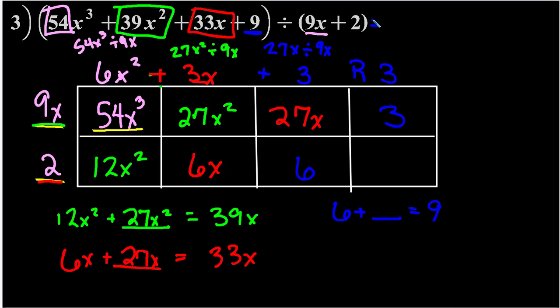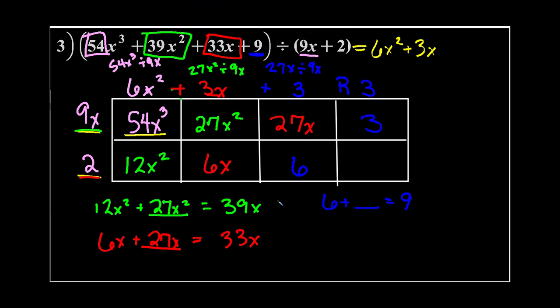So my answer is all of that together: 6x squared plus 3x plus 3 with a remainder of 3. So this is our answer to this problem. I want you to go ahead and work the next problem on your own.